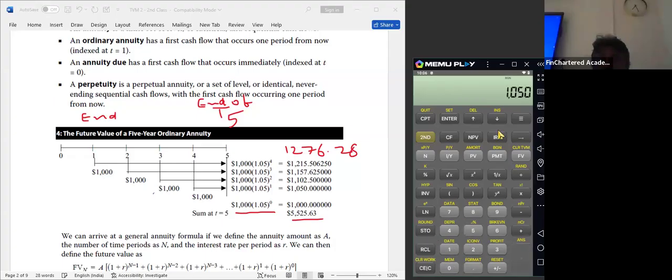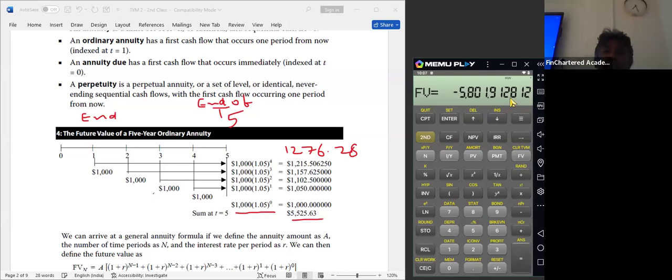All these put together will be 5801, which is what your FV is also. If you recall, FV is also 5801. Makes sense, guys? Are you able to follow what I'm trying to say here? So when you make the investment at the beginning of the period, you will end up getting more returns than making the investment at the end of the period.